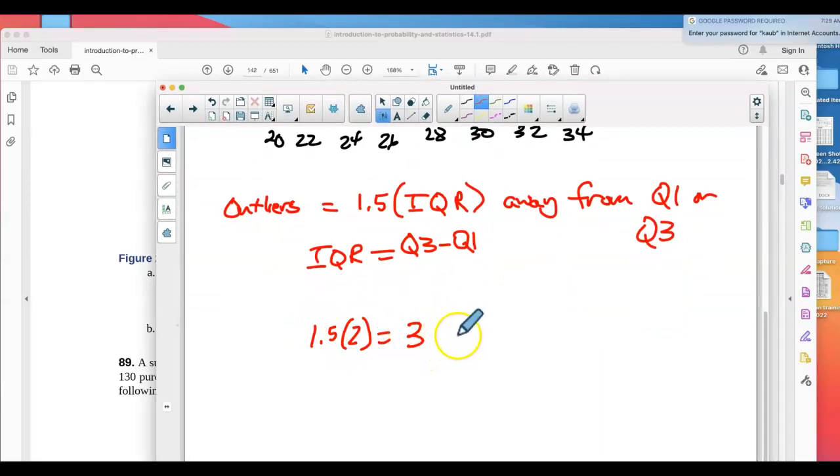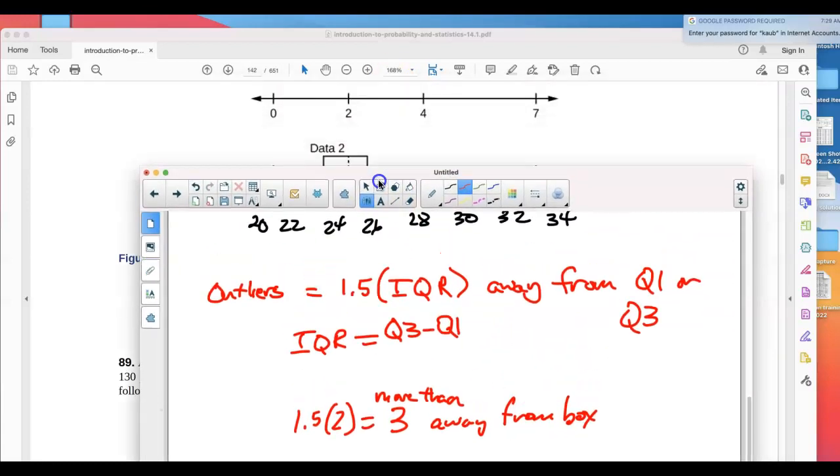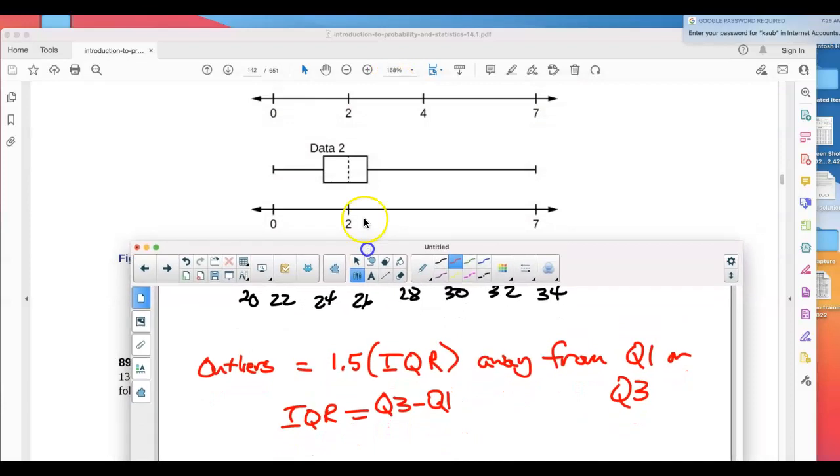So that means any outlier is more than 3 units away from the box. Looking at this side here, this line is not 3 units away, so that is not an outlier.